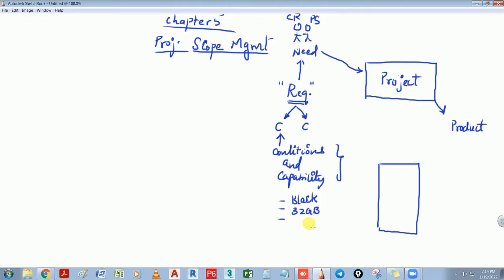It should have that much processing speed. I do not know the characteristics of a mobile. It should be touch screen. So these are the requirements, or these are the conditions or capability that must be produced, that should be in the final product.